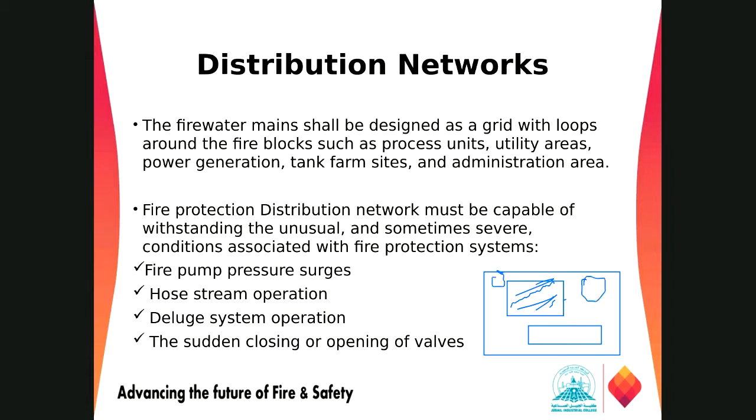Or if your compound is not so big, something like a small housing society, we can also calculate it as a whole. But for more detail, we have to go to the IFC code requirement for the manual fire protection supply requirement for those areas.